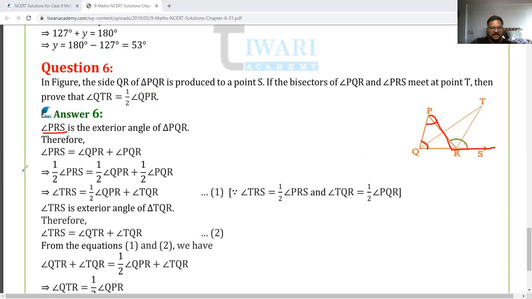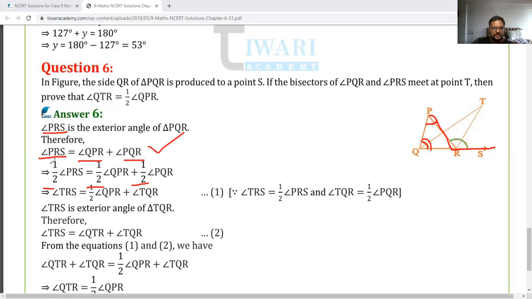So PRS equals QPR plus PQR. One time we have shown this angle, and another time we have shown this angle. Now we multiply half with all of them in this equation.